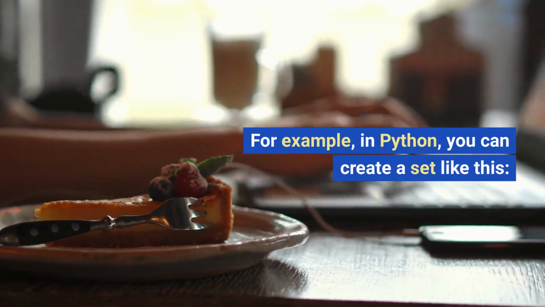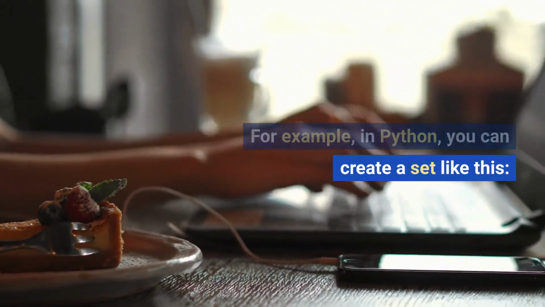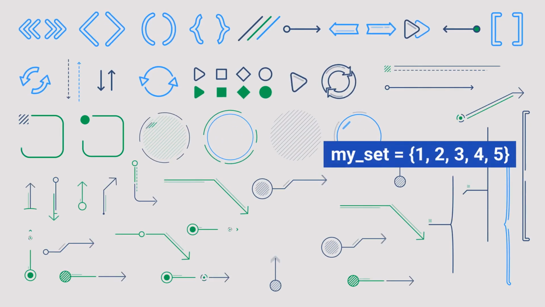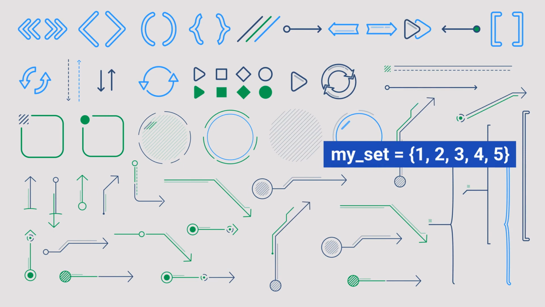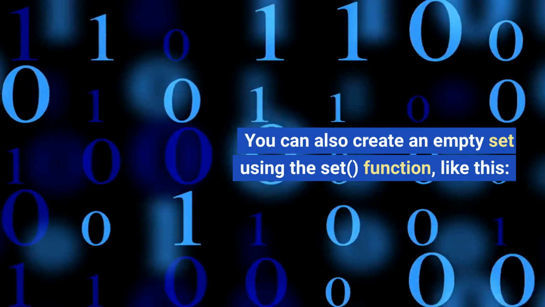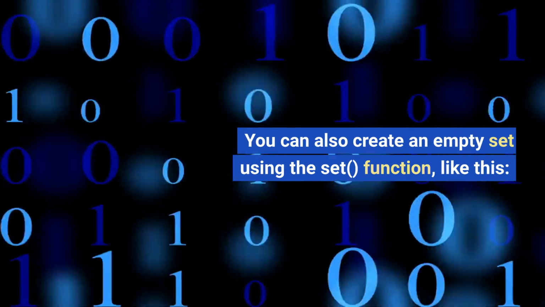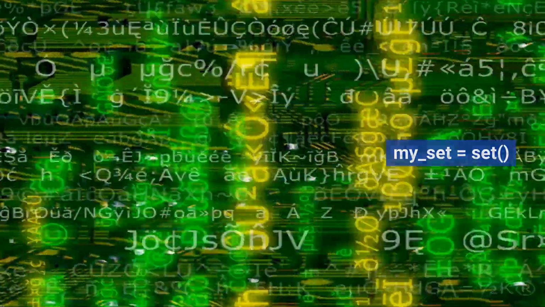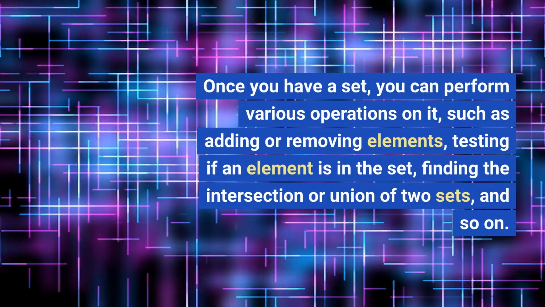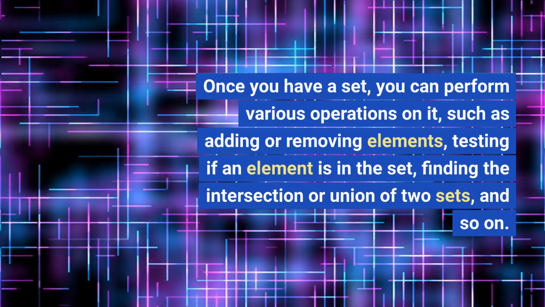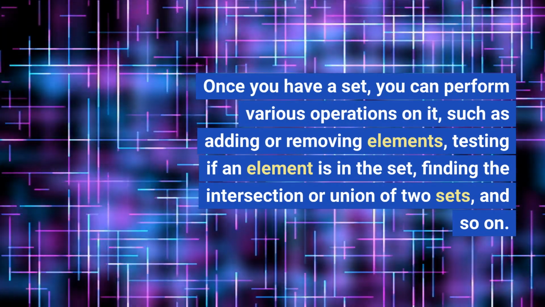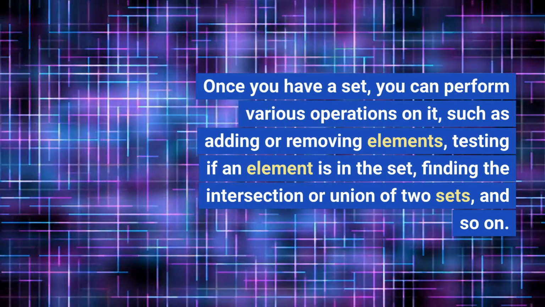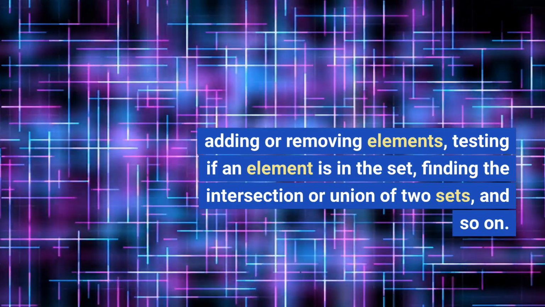For example, in Python, you can create a set like this. my_set = {1, 2, 3, 4, 5}. You can also create an empty set using the set function, like this. my_set = set(). Once you have a set, you can perform various operations on it, such as adding or removing elements, testing if an element is in the set, finding the intersection or union of two sets, and so on.